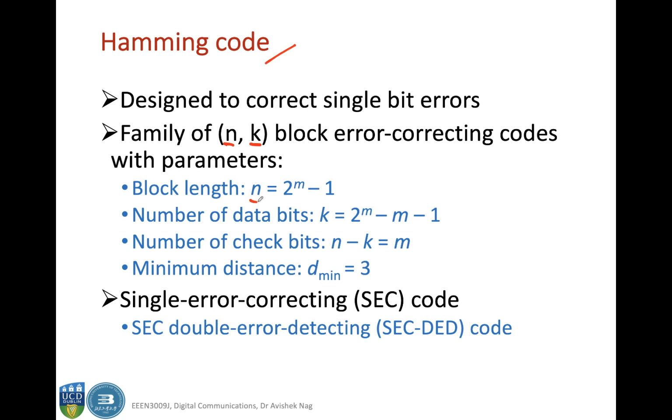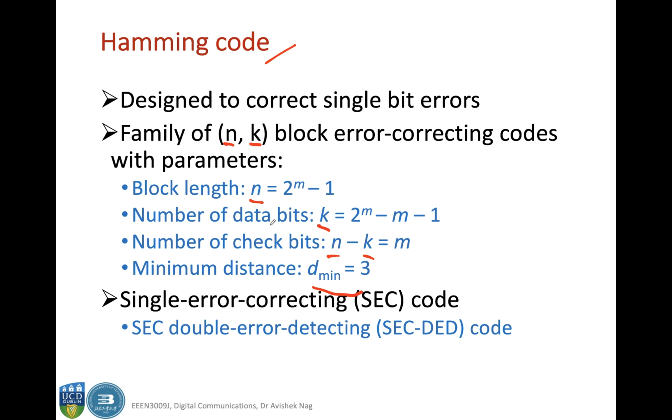You have the block length equal to n, the number of data bits is k, the number of check bits is n minus k, and you have d min equal to 3. Let's say the block length is n.